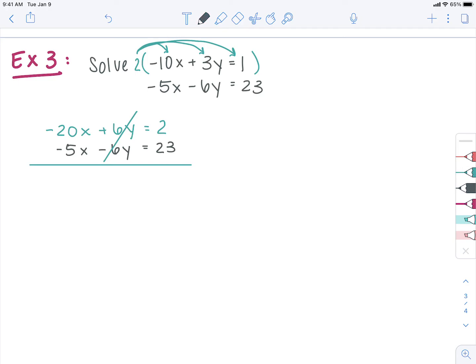When I add these equations together, negative 20x minus 5x is going to give me negative 25x. Bring down my equal sign. 2 plus 23 is 25. And then divide by negative 25 on both sides. And I get x equals negative 1.